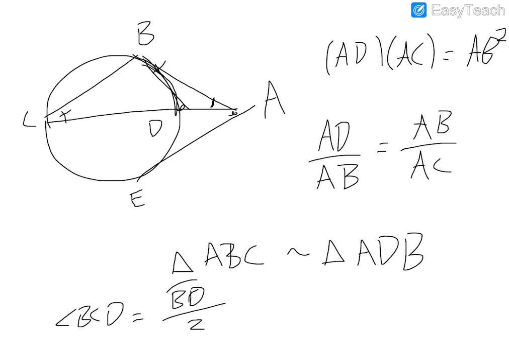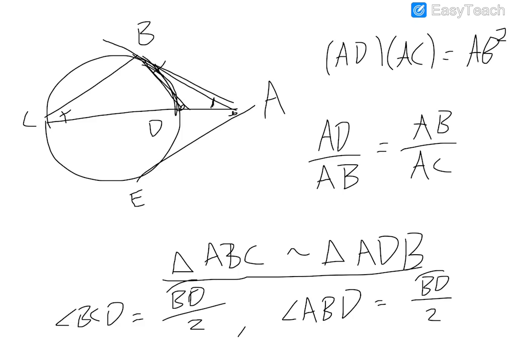Now for angle ABD, since ABD is the angle between a tangent line and a chord, its measure is also equal to the length of BD over 2. So we've proved that these two triangles, ABC and ADB, share two angles, which means that they are similar triangles.